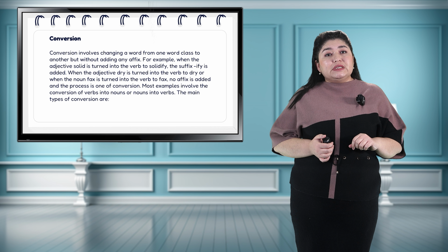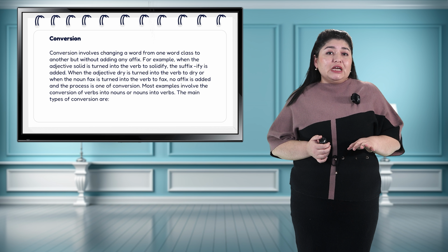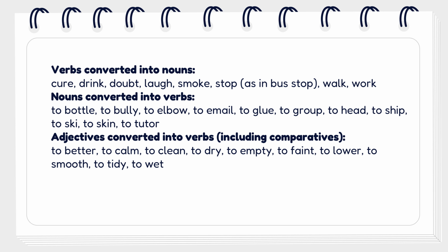The most common examples involve the conversion of verbs into nouns or nouns into verbs. The main types of conversion are verbs converted into nouns, for example, cure, drink, laugh, smoke, stop, walk, or work.